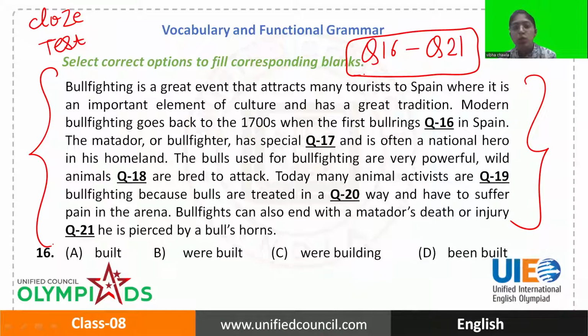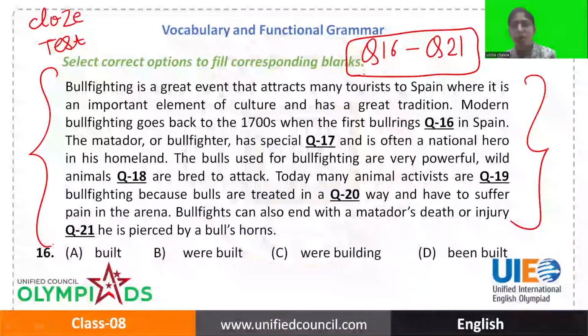Today, many animal activists are blank bullfighting because bulls are treated in a blank way and have to suffer pain in the arena. Bullfights can also end with a matador's death or injury, blankly pierced by a bull's wound. So basically, we are telling that it's one of the important cultures and has a great tradition, but then after we are talking about the negative sides of bullfighting also. So this is what the passage is about.